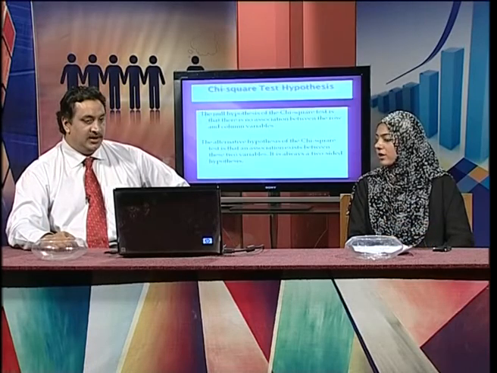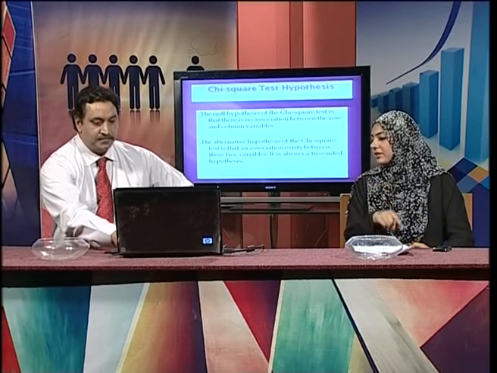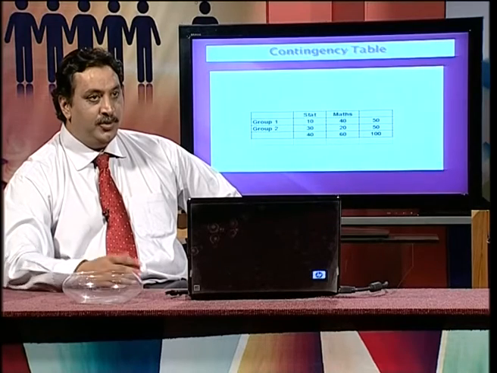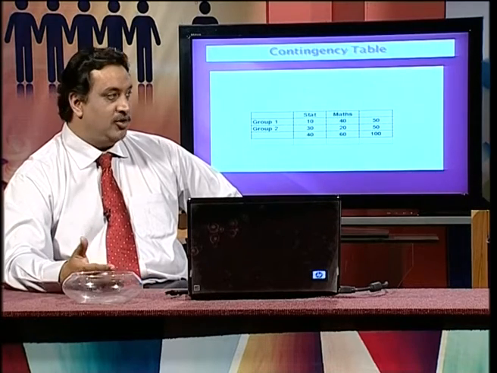Okay, sir, if we can go back to the previous slide. How do we read a contingency table? Basically, it is like a mathematical matrix. We have rows and columns, and we define one attribute in rows and one attribute in columns.